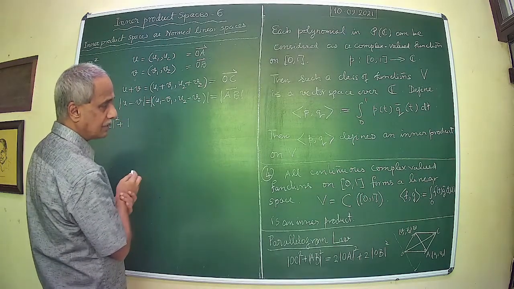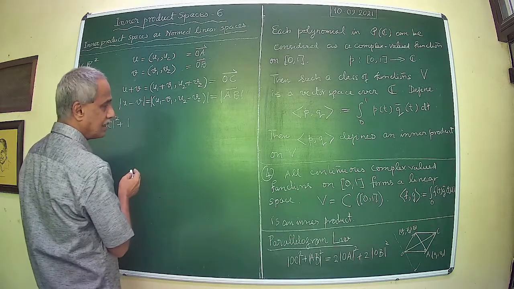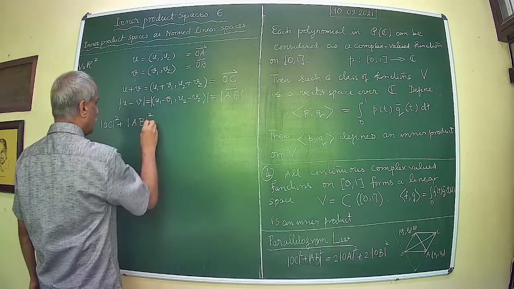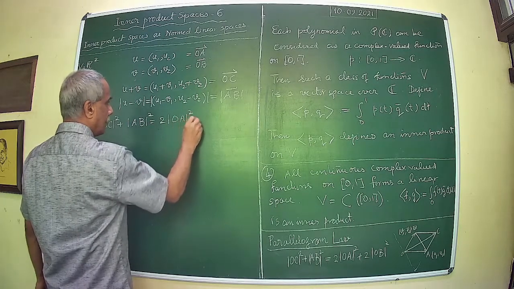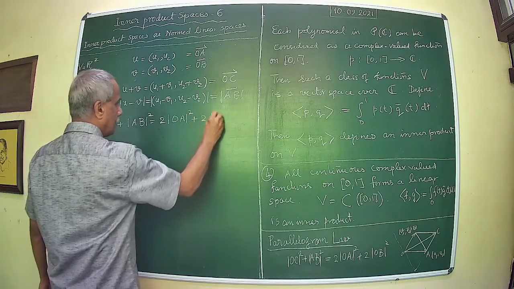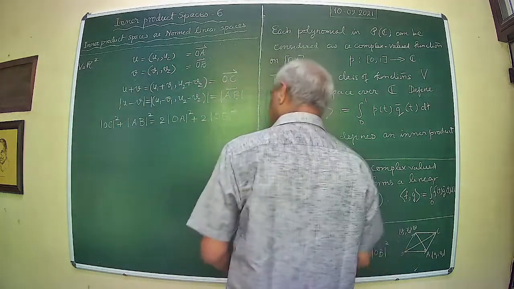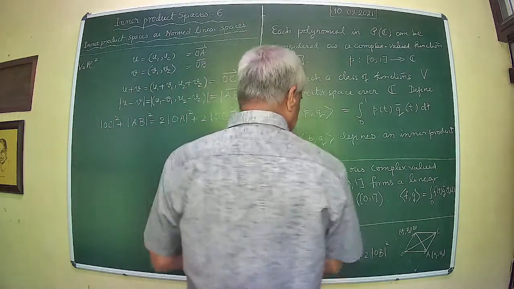OC square plus AB square. Let us work it out using the inner product.